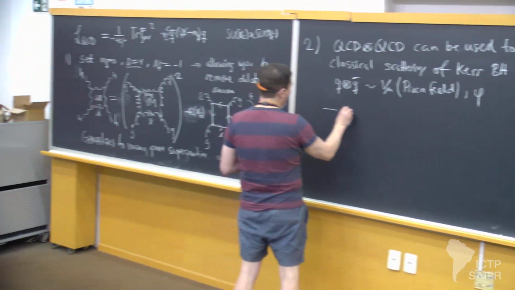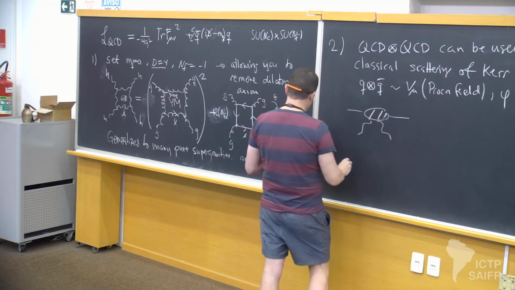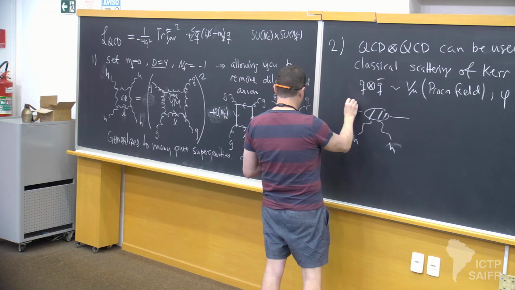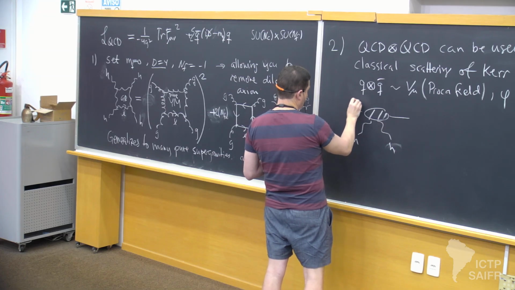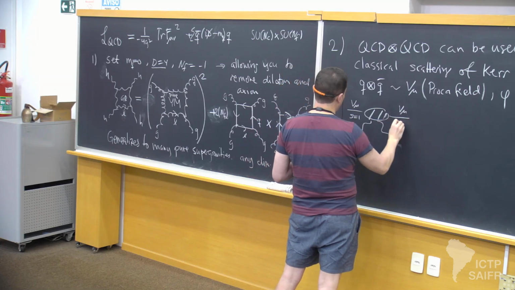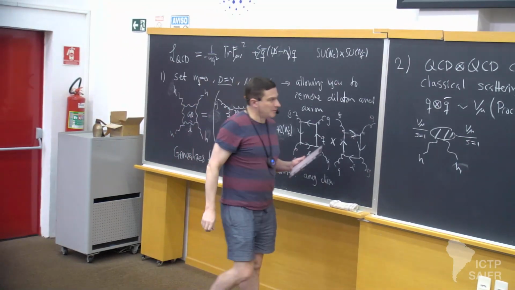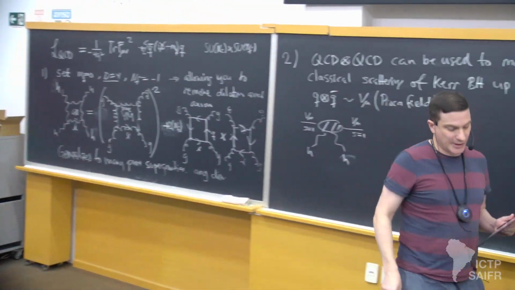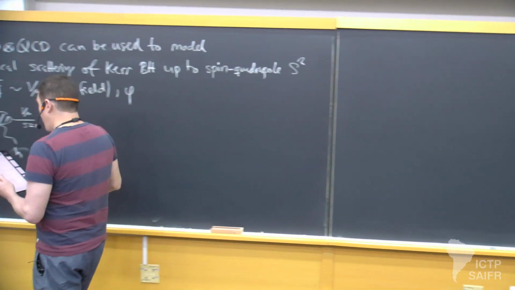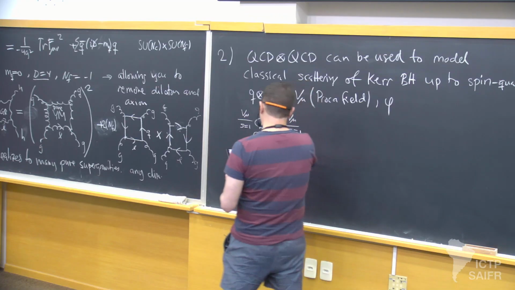So for example, an interesting process is Compton scattering in gravity, where you put the vector here, so basically spin 1, and you put the vector here, so this is also spin 1. And then you have to worry about whether you can take a classical limit of this process, but people have figured out how to do that. So this is Compton.